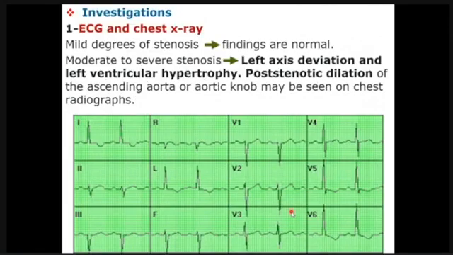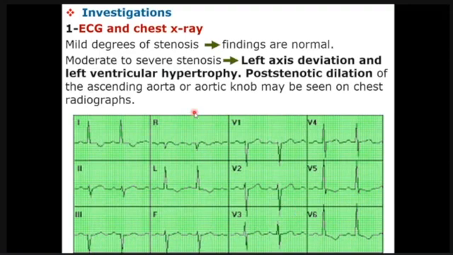In the case of ECG and chest X-ray investigations, with mild degrees of stenosis the findings are normal. With moderate stenosis, there is left axis deviation and left ventricular hypertrophy.